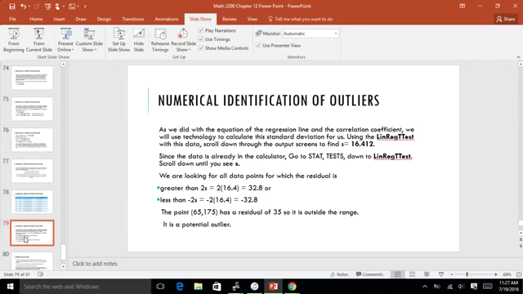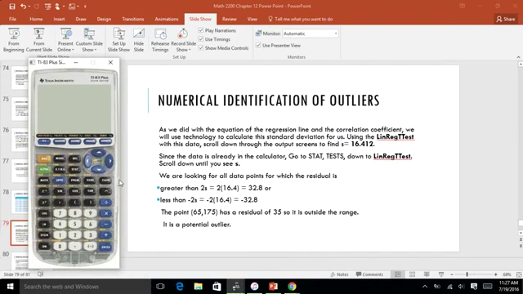My next step is to remember how I got my standard deviation. I go stat, over to test, and down to E. Yep, then I hit enter, scroll down to calculate, and go all the way to the bottom, and I get S equals 16.41.